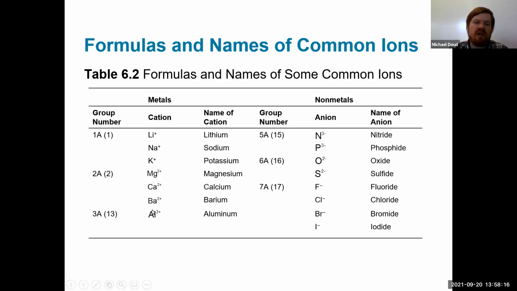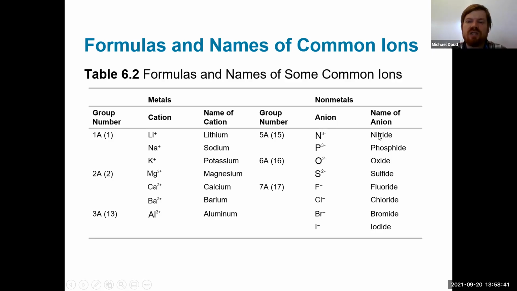Same thing with group 2A and 3A. Magnesium with a 2+ charge is the magnesium ion. Calcium with a 2+ charge is the calcium ion. Barium with a 2+ charge is the barium ion. Finally, aluminum in group 3A forms a 3+ charge ion. So that's the aluminum.